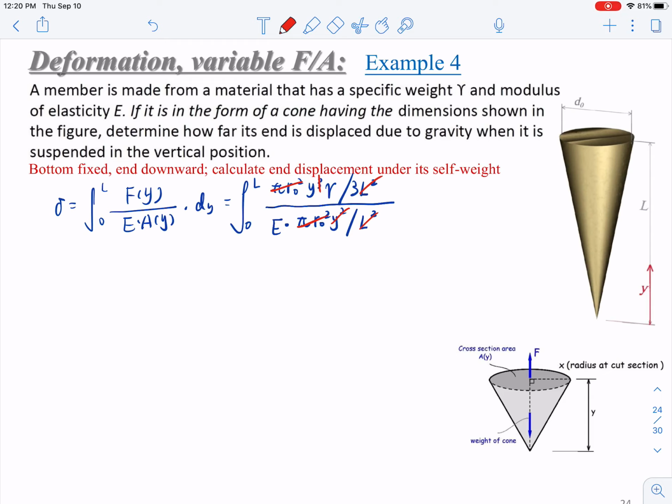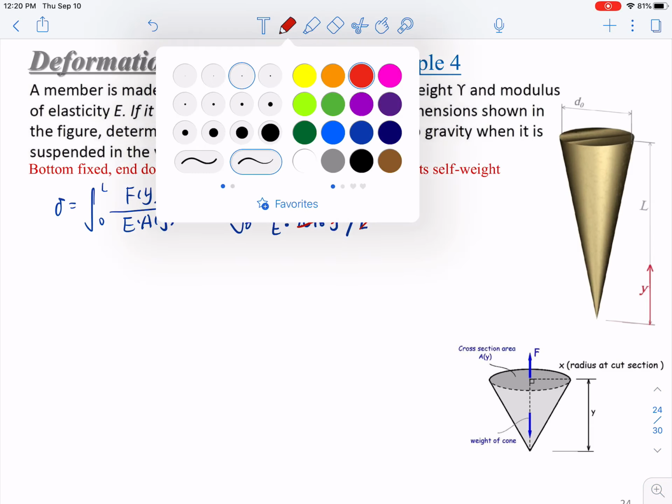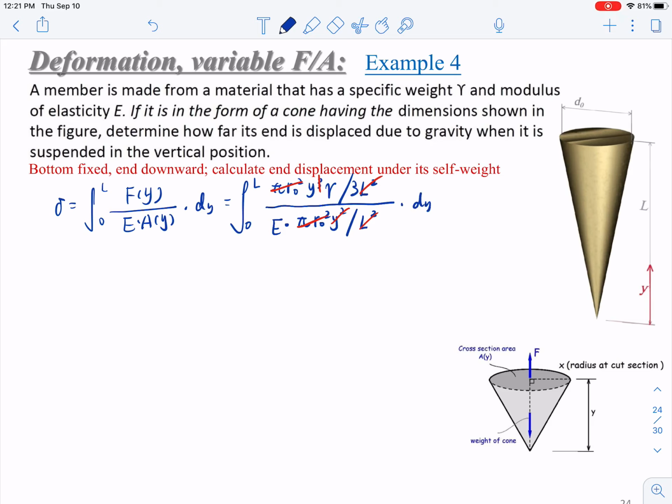So you have gamma over 3E, dy, integrated from 0 to L of gamma y over 3E dy.